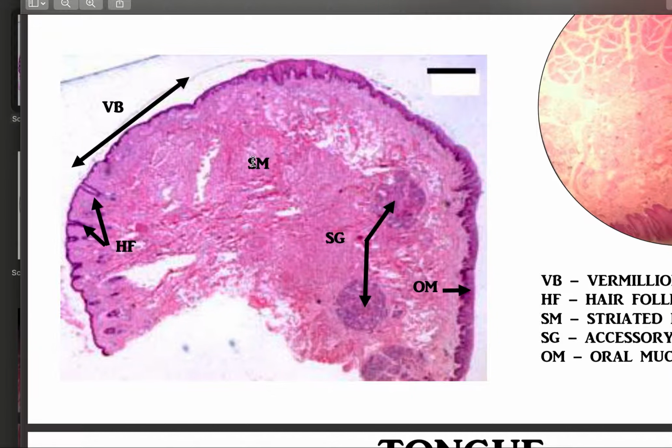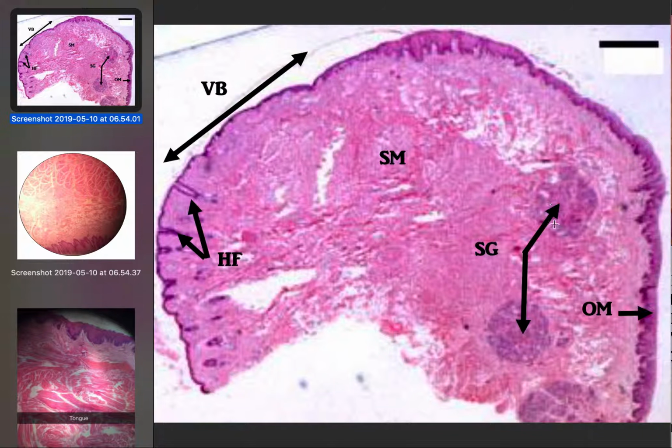Yeah, so your SM is for your striated muscle, and the lip has an outer keratinized and an inner non-keratinized border, and your SG is for your accessory salivary glands. These are your salivary glands where the saliva is produced, and this is your oral mucosa.